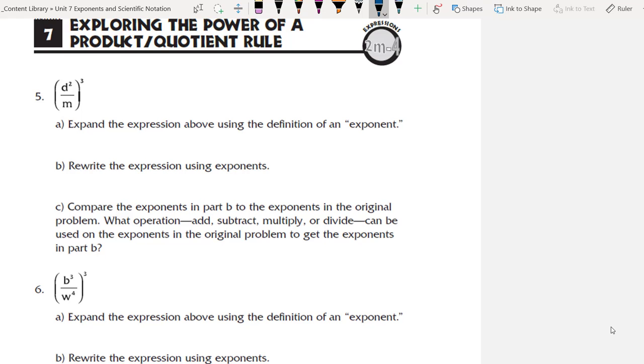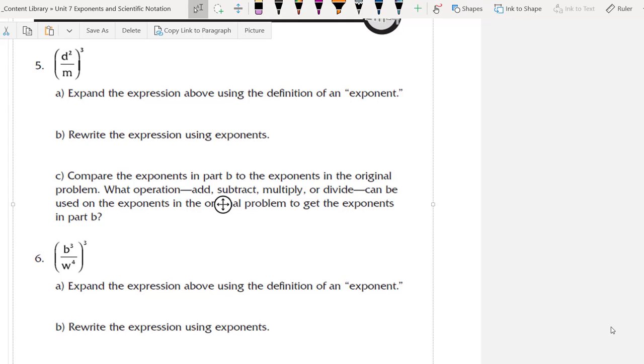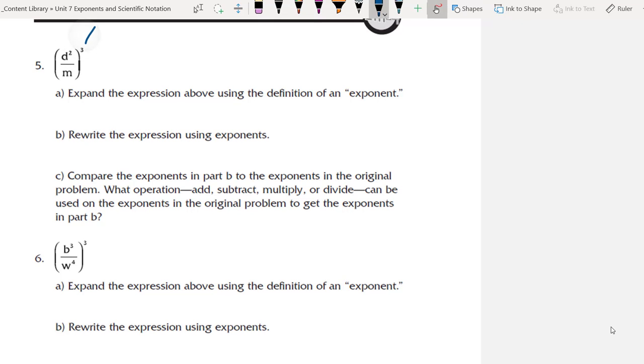Everything in the parentheses repeats 3 times. That's what this means. So that means d to the second over m times d to the second over m times d to the second over m.